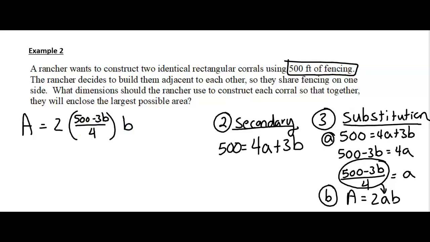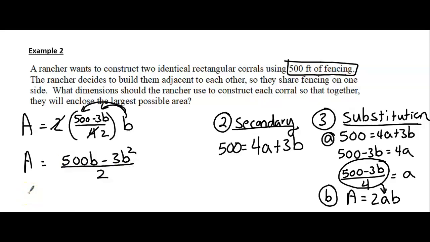All right. And we want to simplify this a little bit. So first of all, I might reduce the 2 into the 4. And also I might distribute this b into the top. And so here's my outcome. I have 500b minus 3b squared all over 2. All right.